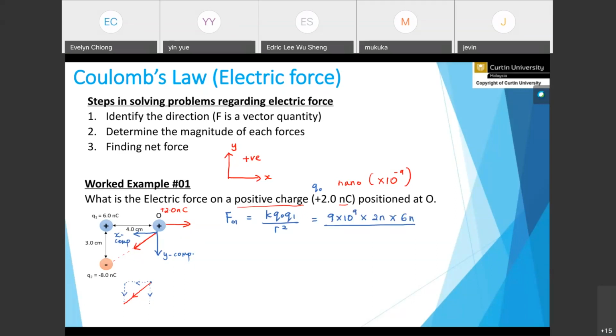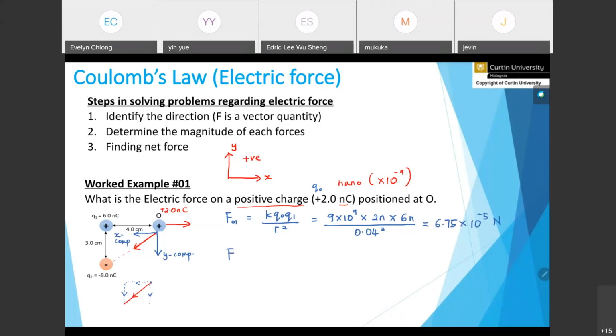Remember, the distance R has to be in SI unit, meter. So 4 centimeter will be 0.04, squared. So you calculate and you are going to get 6.75 times 10 to the power of negative 5 Newton. So I just calculated the electric force.